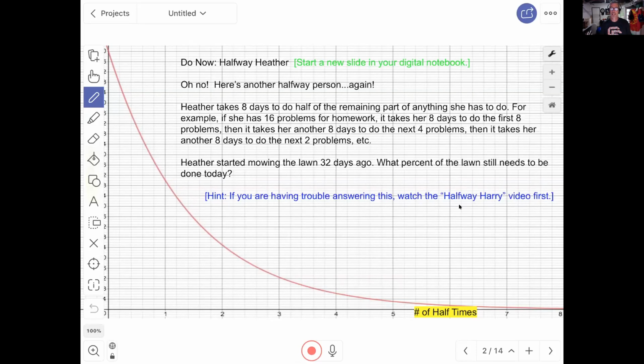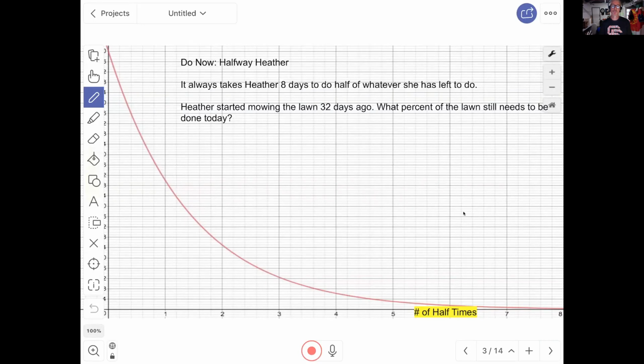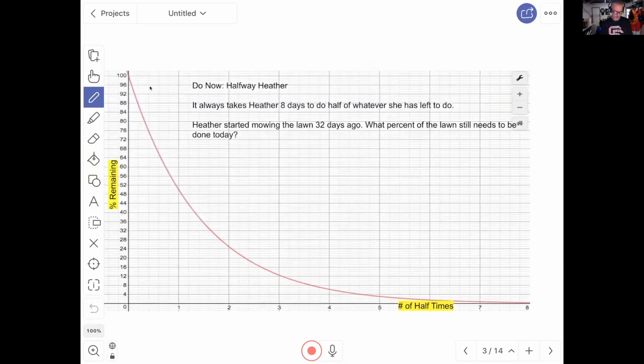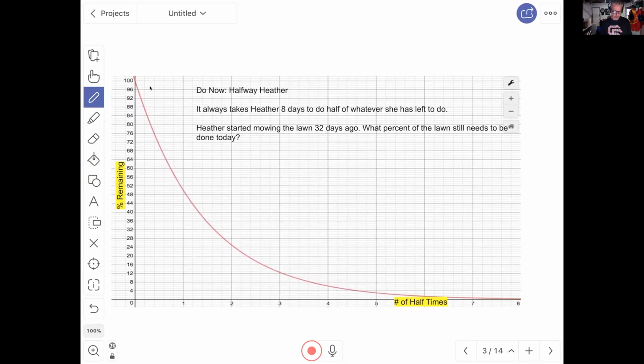Okay, I hope you're back, and let's see if we can figure this out. So 32 days ago, she started mowing the lawn. Let me shrink this down so you can see it better. So 100% remaining must have been at 0 days, right?